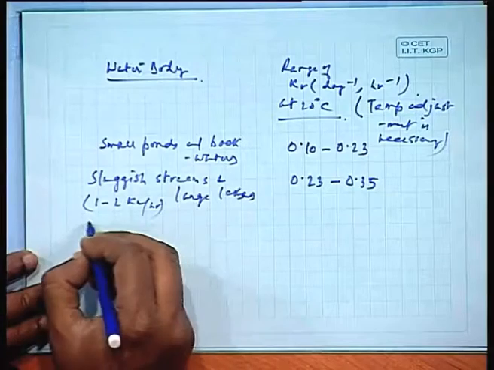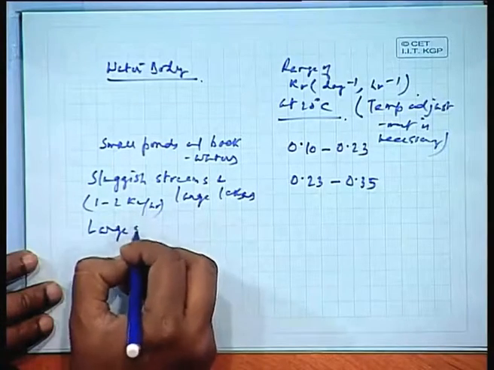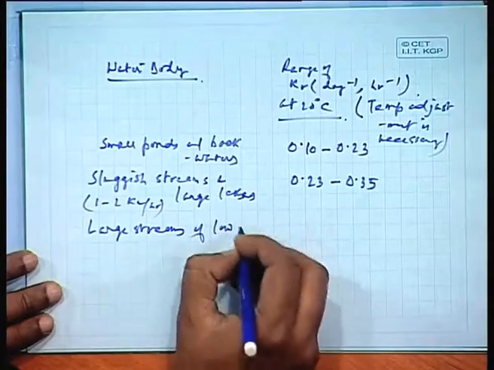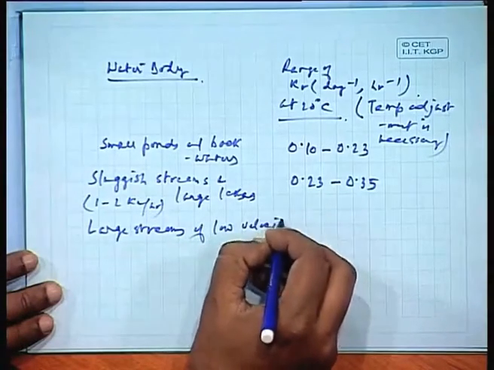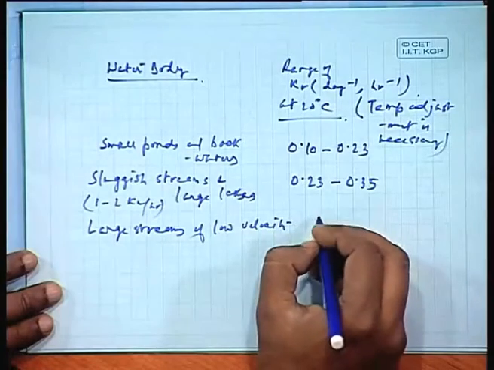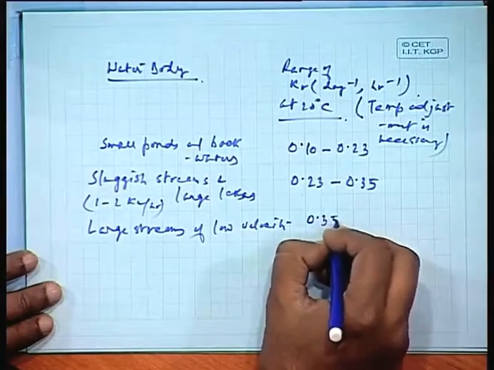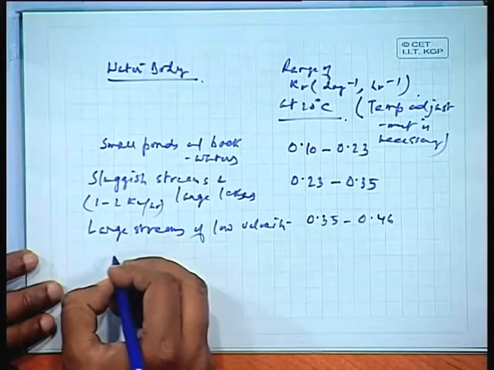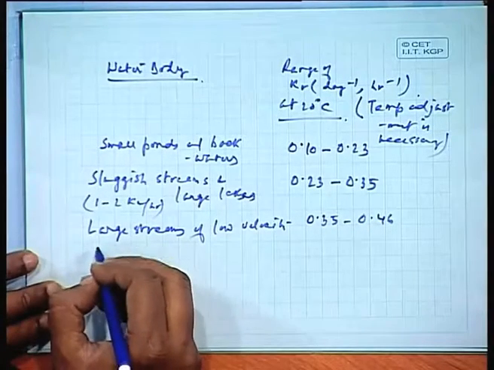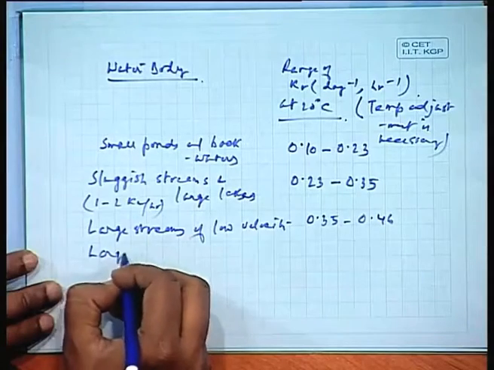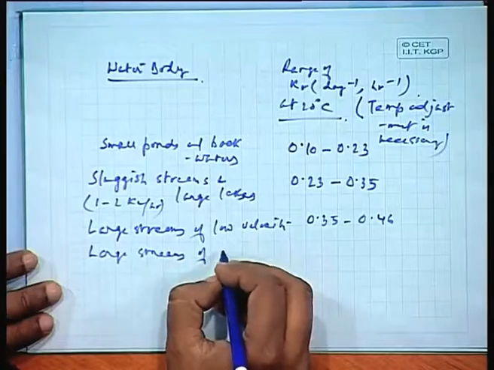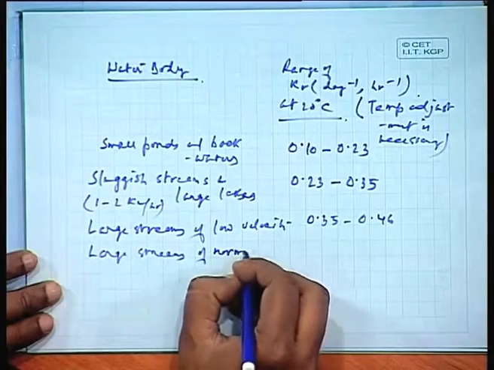Large streams of low velocity are 0.35 to 0.46. Then large streams of normal velocity.